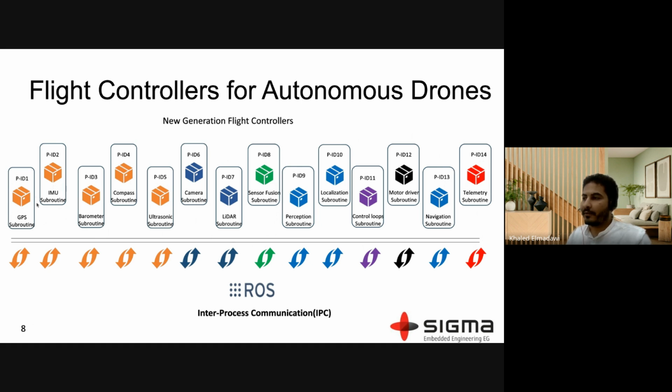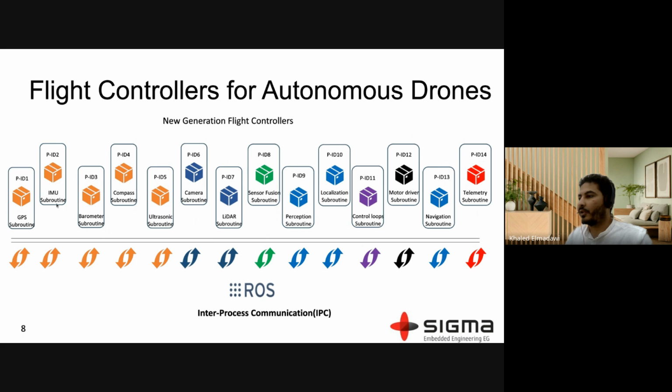For example, we have the IMU, we have the barometer, we have the compass. These three sensors are three independent processes. Each is working in a periodic manner, and at the end of the day, the three sensors might have the same physical interface, for example, the I2C communication peripheral.